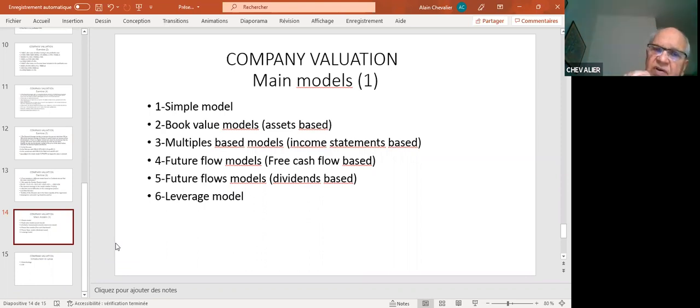Second, we can have book value models. They are mainly asset based. You take the assets, you deduct the debt level, and you find the value. They can be used for very small companies, in some specific cases.